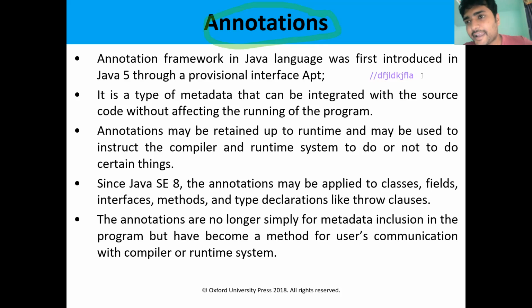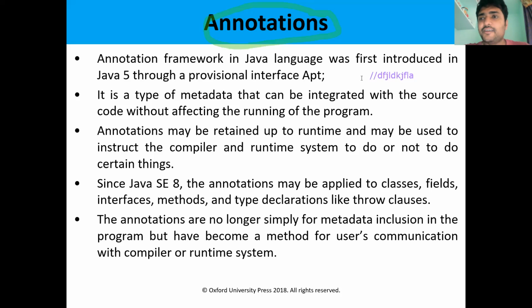That means the compiler cannot read this line. It is useless for the compiler. So in the programs we have written some comments, and the compiler cannot read these lines. Those things are known as commenting.